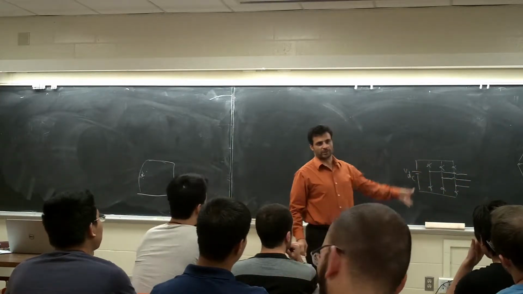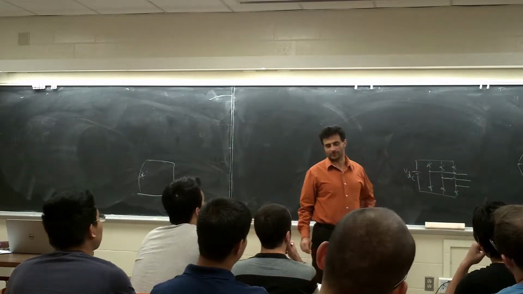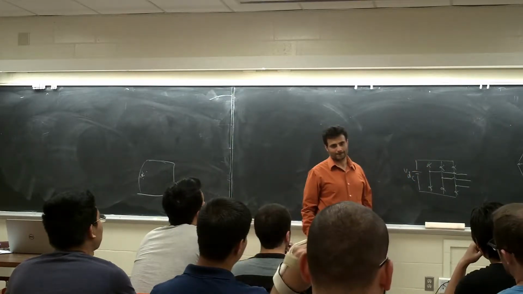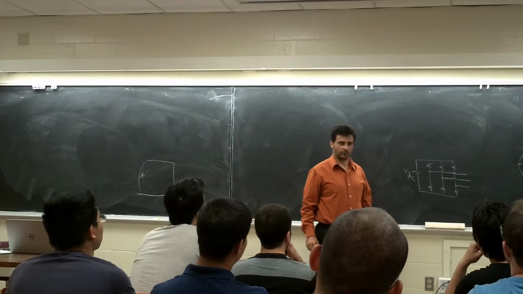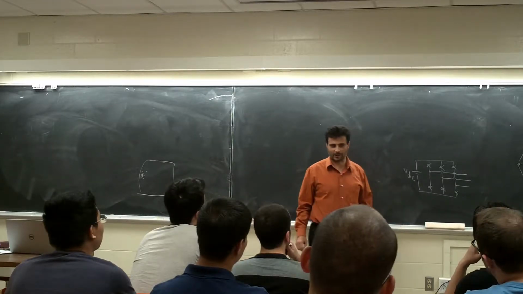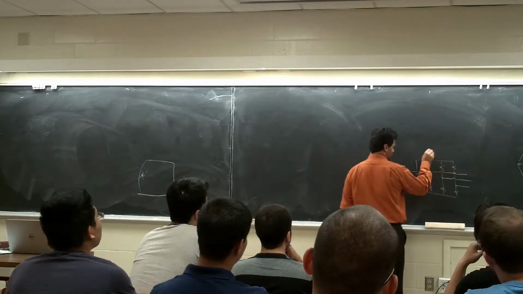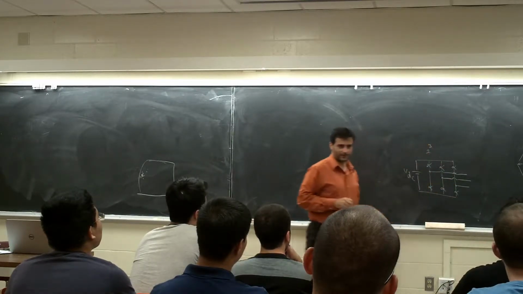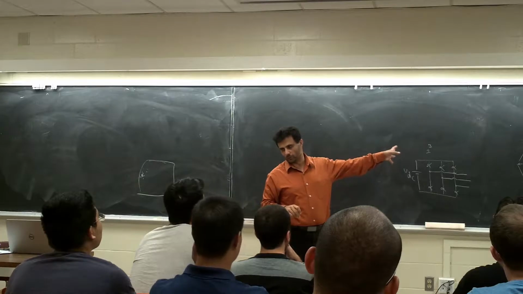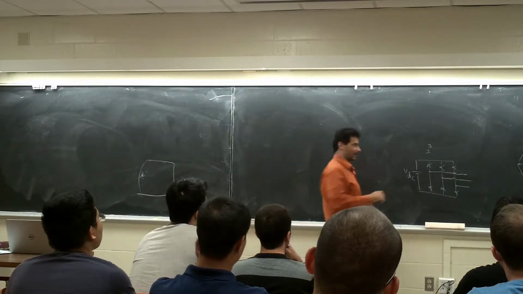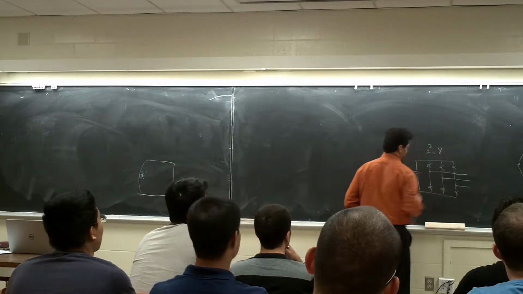How many possible combinations can we have here based on these switches, without opening or shorting? Yeah, we cannot short it. Shorting will lead to damage of the inverter. We have 3 legs, so 2 to the power of 3 combinations. The number of combinations is going to be 8.